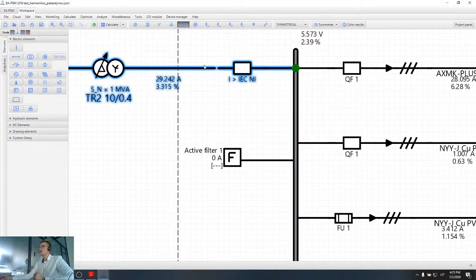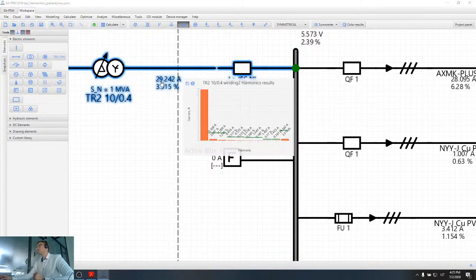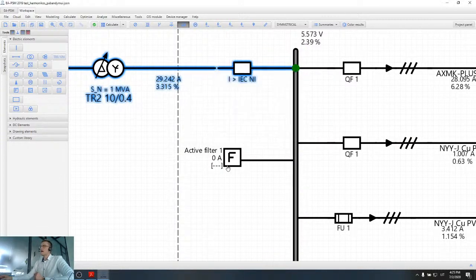It checks what harmonic currents, for example, are flowing in this transformer, and this filter also injects higher frequency currents into the network, but with the opposite phase angle.